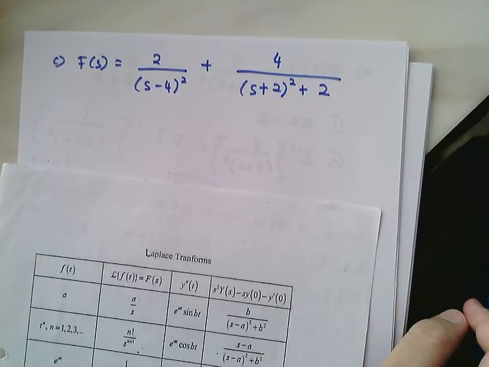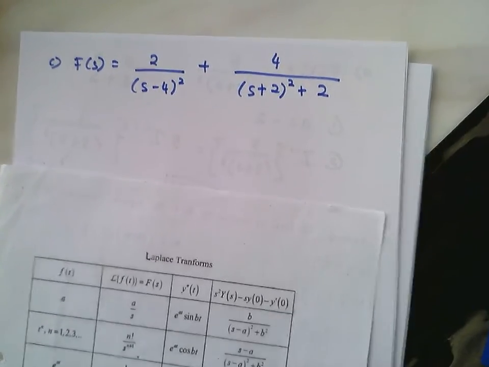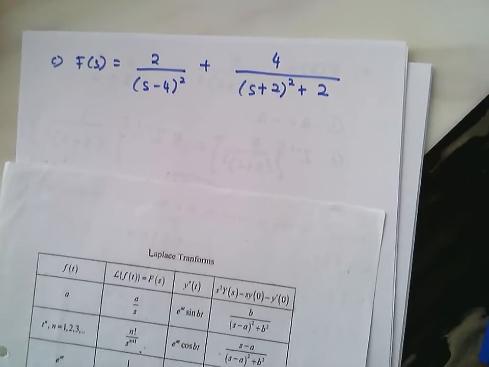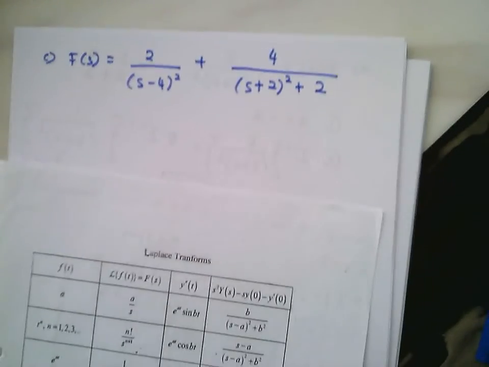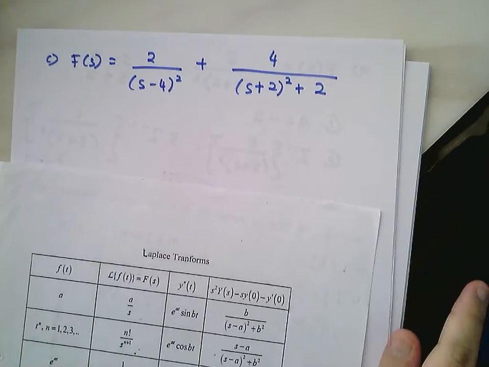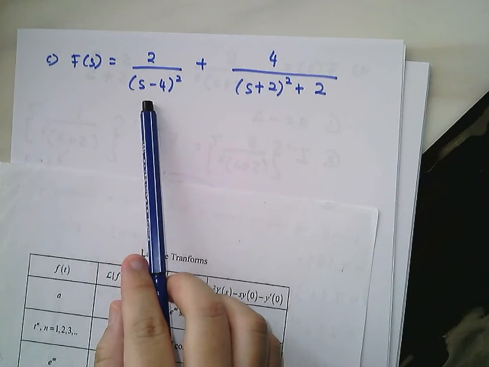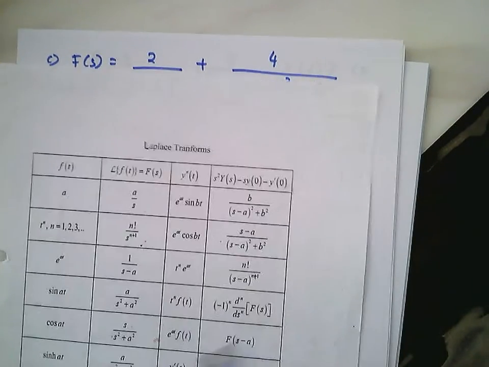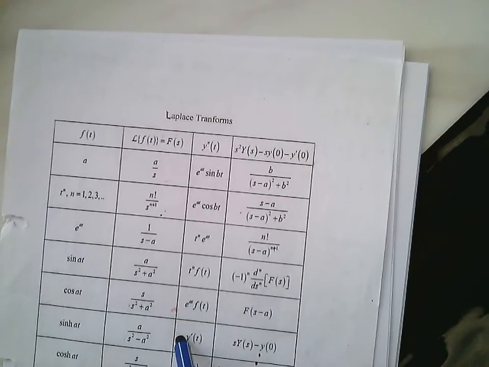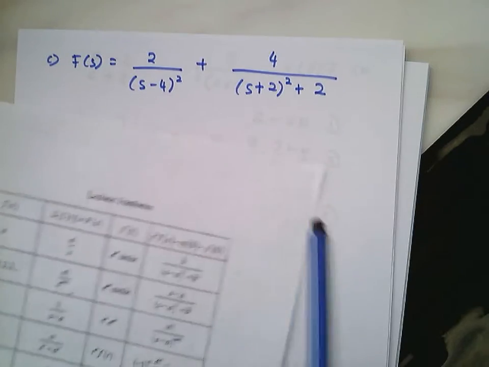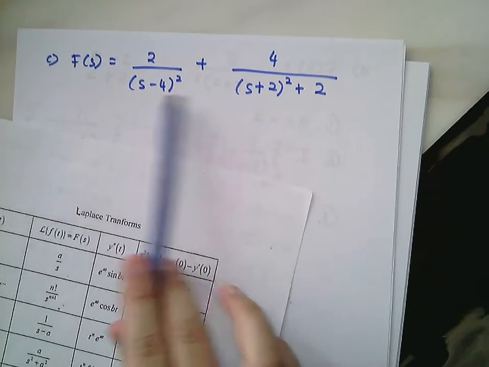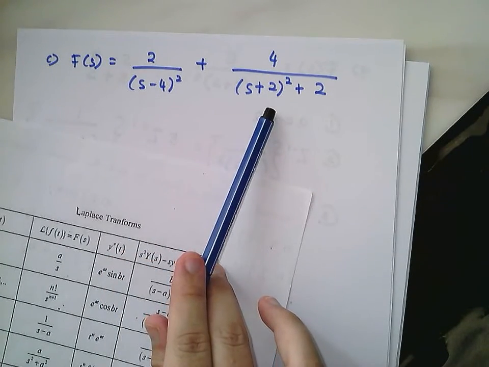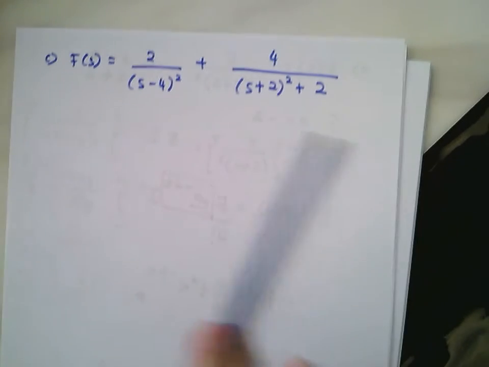But what is your problem here? Your fs is in terms of s minus a, so you cannot get the answer directly from the table yet. You have to do something first. So for both functions you need to apply first shift, inverse.